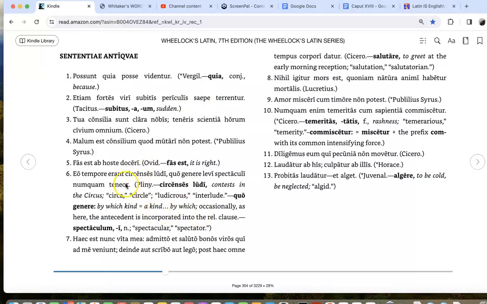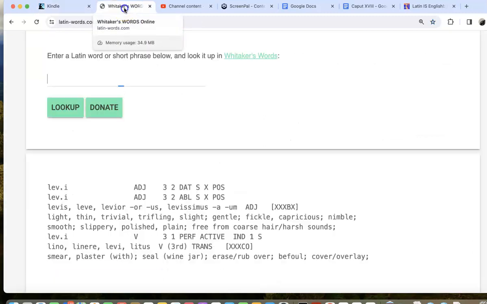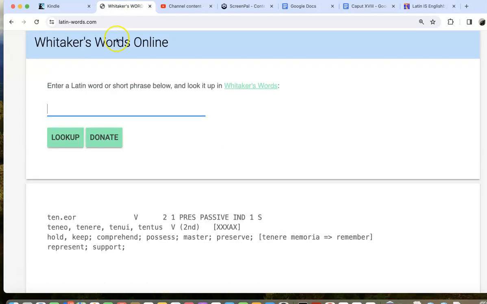Actually, one more point on this one, just for clarification, since it is our passive. You can see this is the challenge too: how do we translate tenior, present passive indicative, first person singular? I hold, I am being held, I am keeping, I am comprehending, I am possessing, I am mastering, I am preserving.